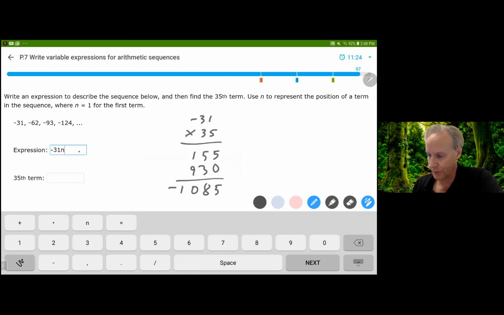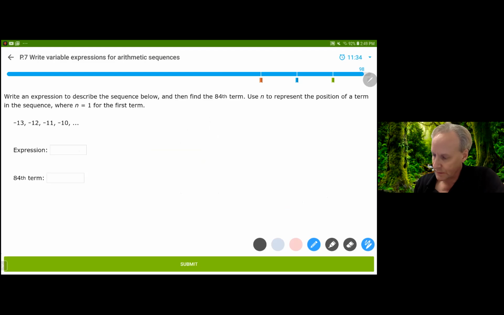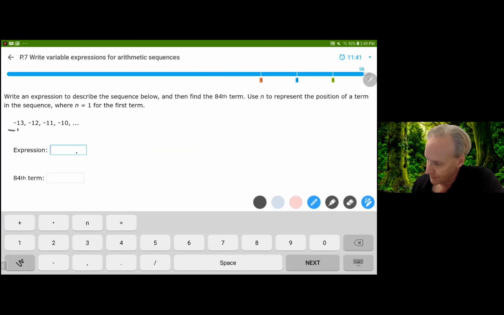Don't forget the negative part. And these are counting up by 1. Our zeroth term was the one that's missing from the sequence, which is -14. And our 84th term is 70, because 84 minus 14 is 70.